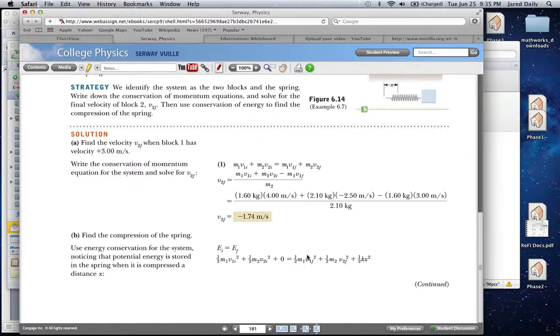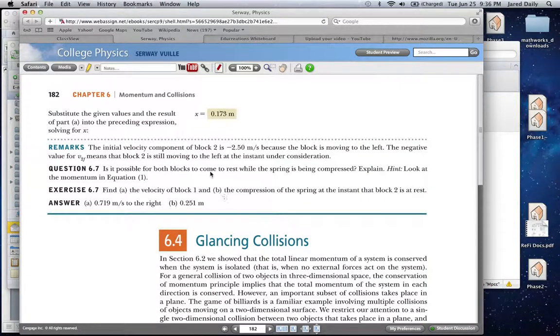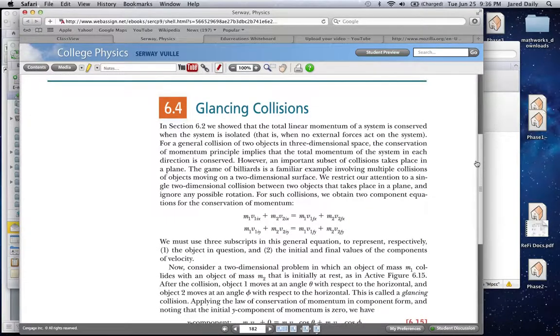And then you have the final kinetic energies plus the compression of the spring, 1/2 kx squared, where x is the compression of the spring. And that's the thing we're going to solve for, that x. And when you plug in the numbers, you get x, the compression of the spring, is 0.173 meters. Now that is the end of section 6.3, and we need to get into section 6.4.